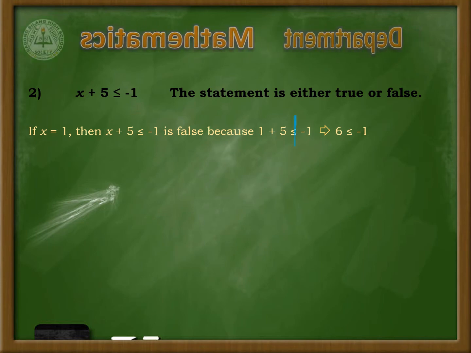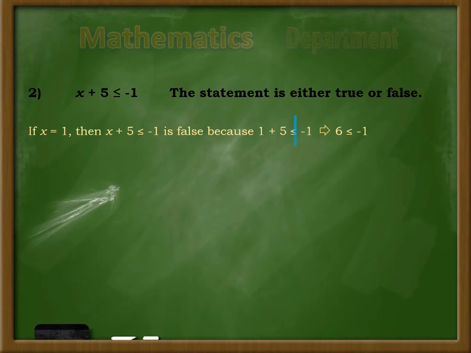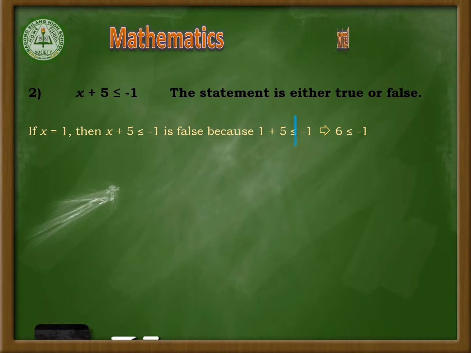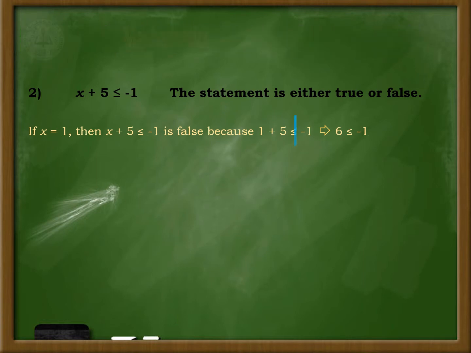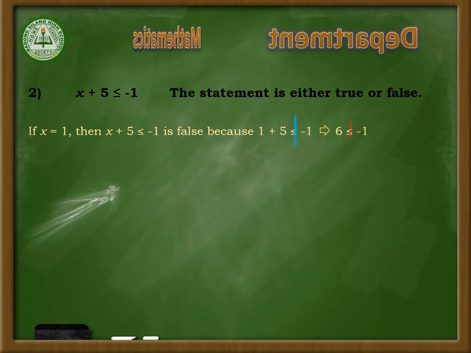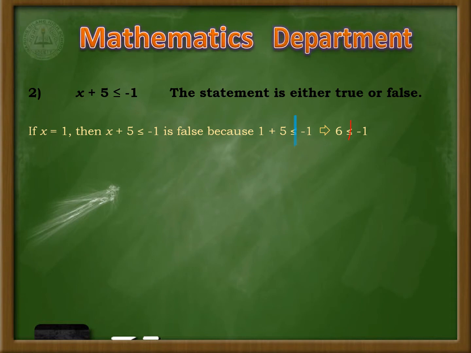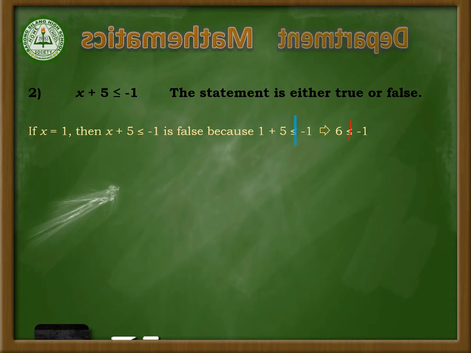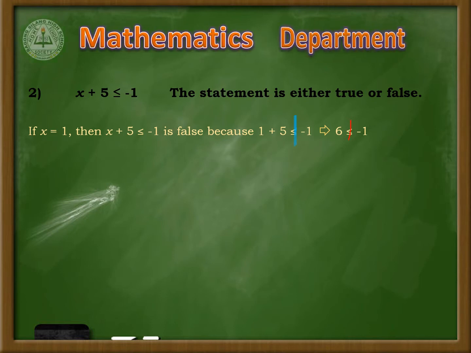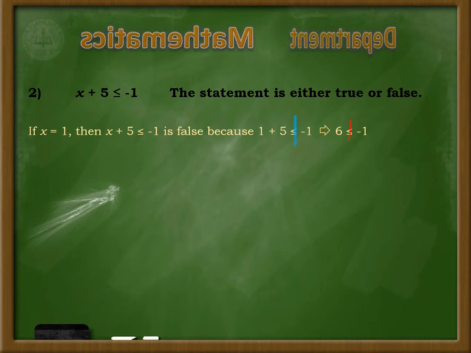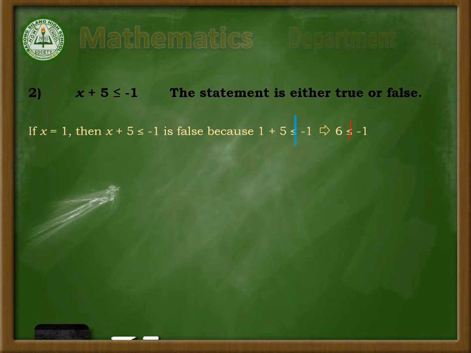So it's not less than or equal to negative 1. It's obvious that 6 is greater than negative 1. So that's why that statement is false under x equals 1.